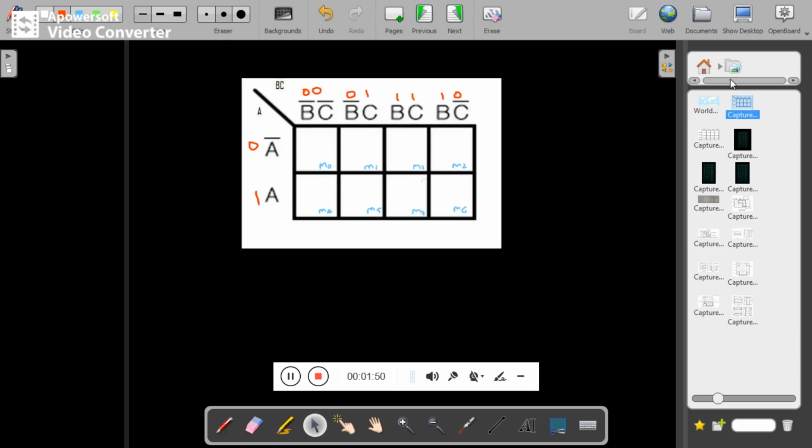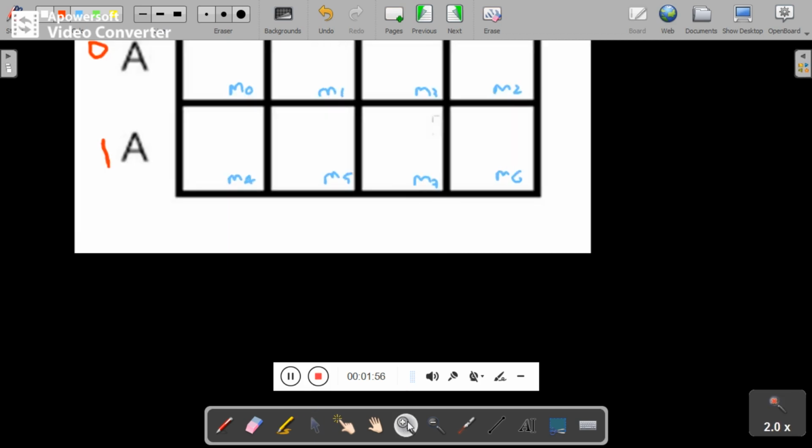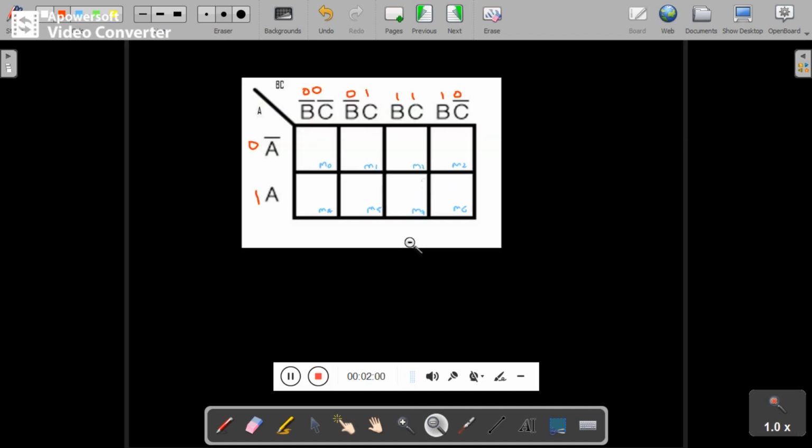So let me use this one. Now I will draw the same K-map that I showed just now. So let me draw here.